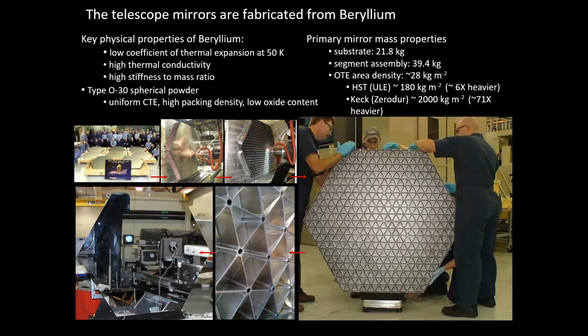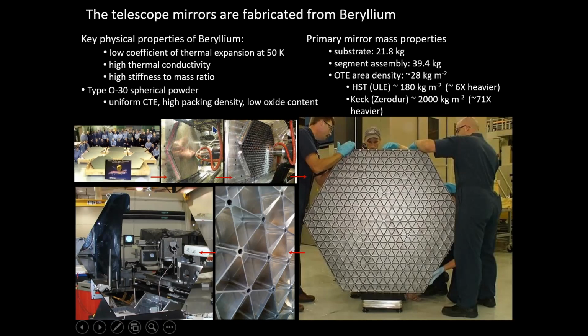And we don't want those thermal gradients to spoil the figure of the mirror, the shape of the mirror. And so we had to find a material that had a very low coefficient of thermal expansion at the extremely low operating temperature of the JWST. And beryllium has that needed property.